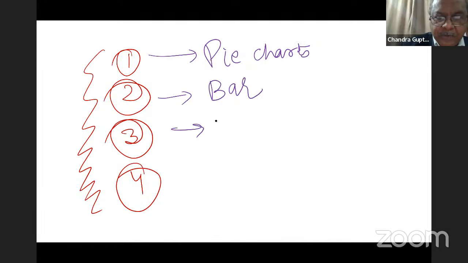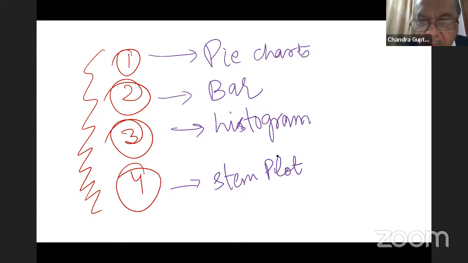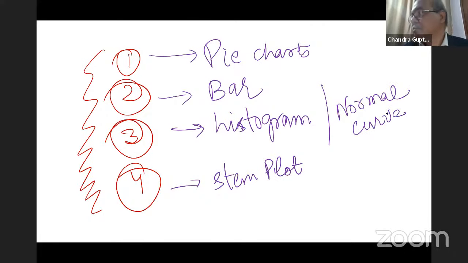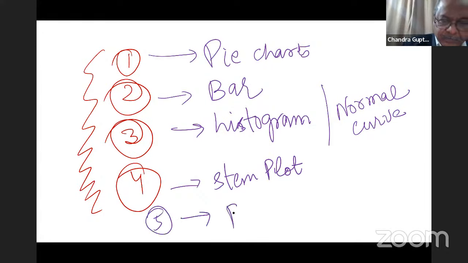Bar chart. Histogram. Stem plot. Histogram with normal curve. Box plot. Okay.